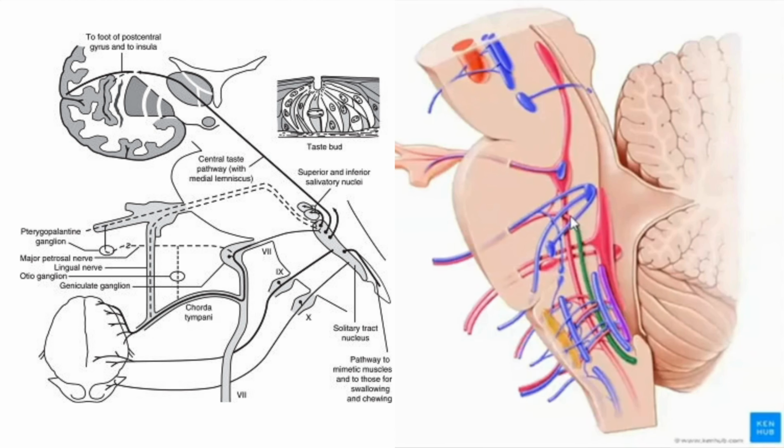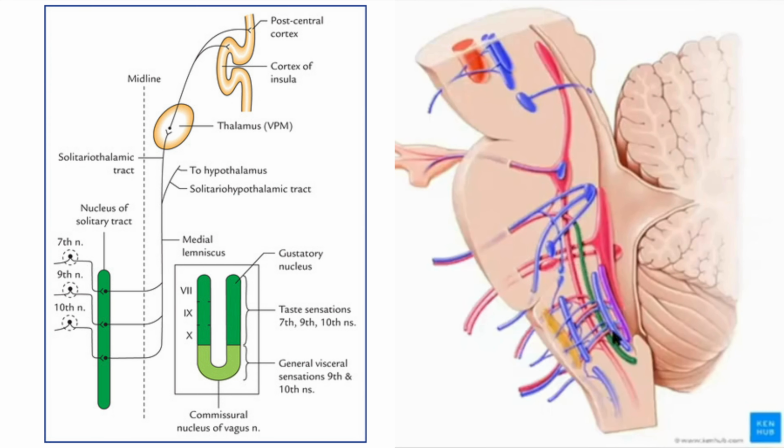And you can see it's communicating to nervus intermedius, remember, for the taste sensations from the anterior two-thirds of the tongue and palate. And it will also be communicating to the glossopharyngeal nerve as well as the vagus. The vagus also communicates. So this is how you can see its location here, deep in the brainstem, upper part for gustatory, lower part for general visceral afferent sensations.